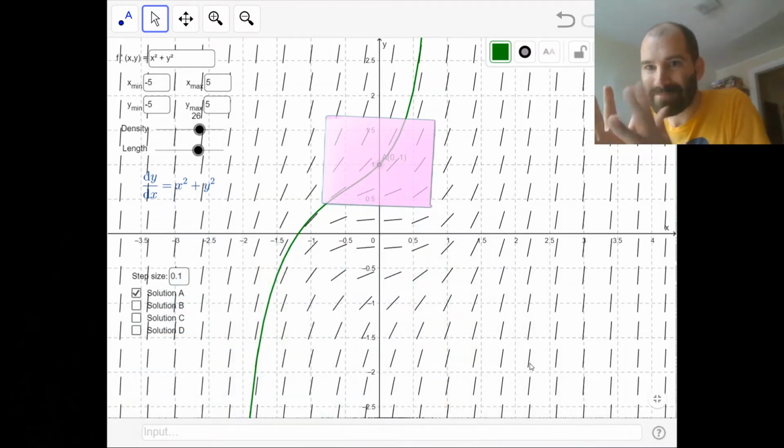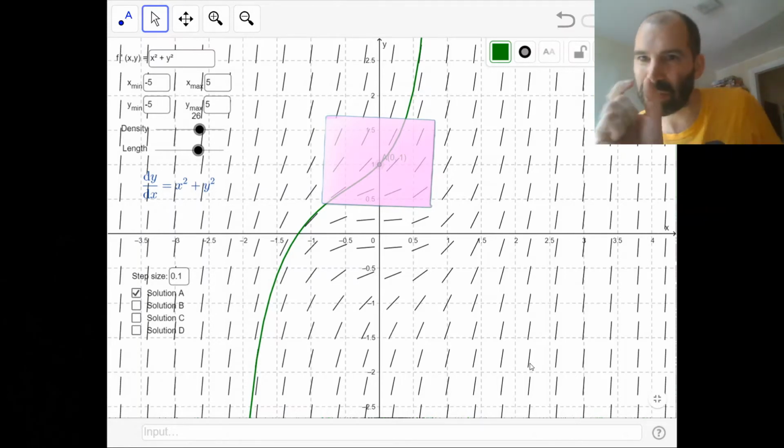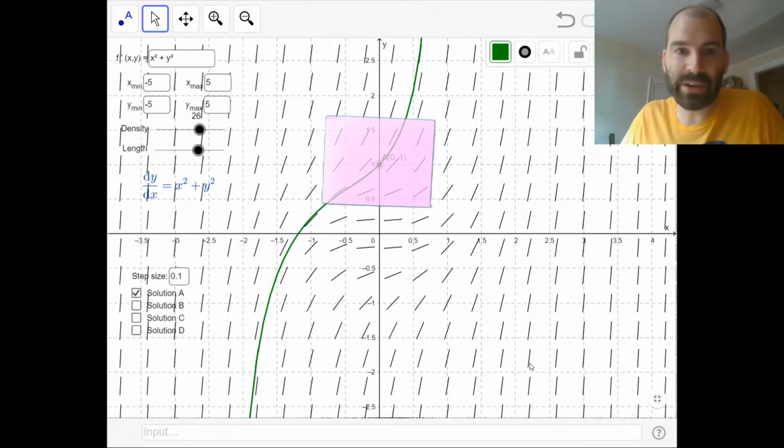So we might need to shrink this rectangle down to a very small size so that we can guarantee that the function's continuous. Okay, but if you can find such a rectangle, this theorem is guaranteeing that a solution exists.